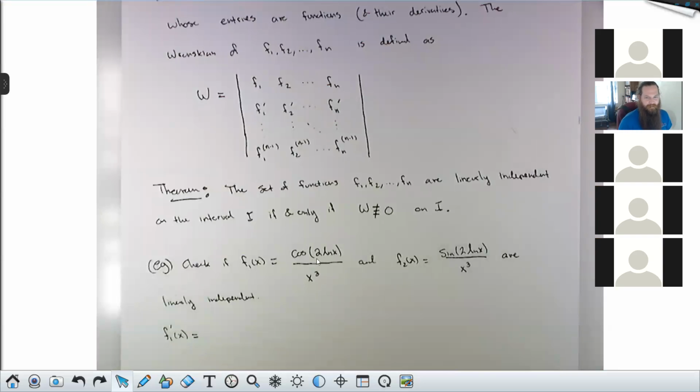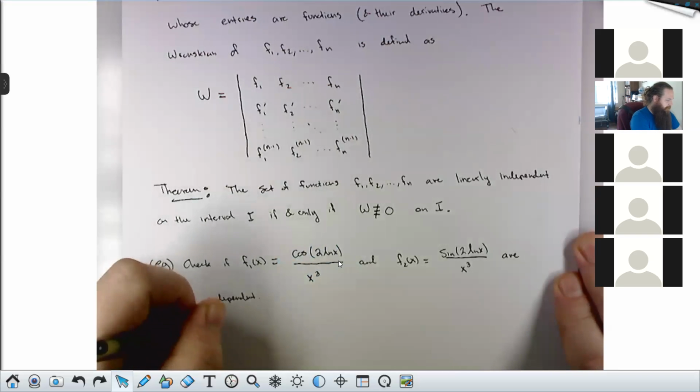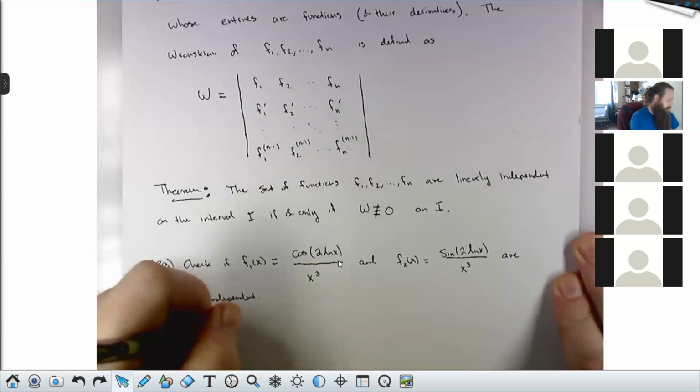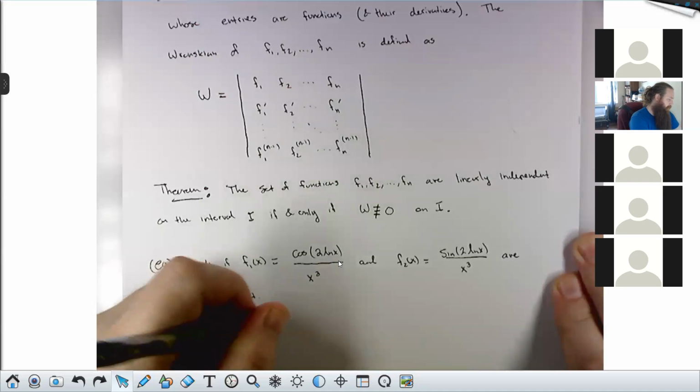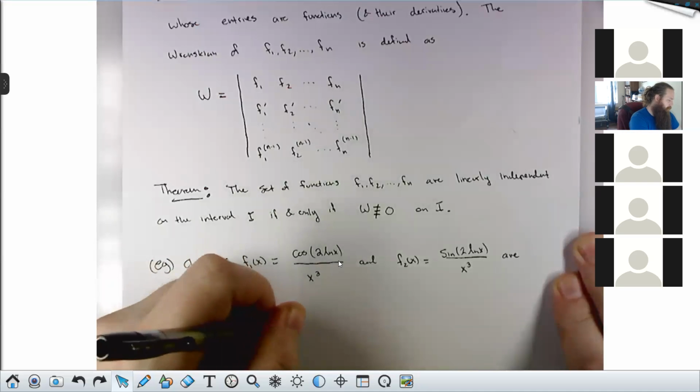This is going to be monstrous. I don't know why they're using this example. Well, let's do it though. So we take the bottom times the derivative of the top minus the top times the derivative of the bottom, all over the square of the bottom. So that's the bottom times the derivative of the top, which is x cubed times negative sine 2 ln x times 2 over x.